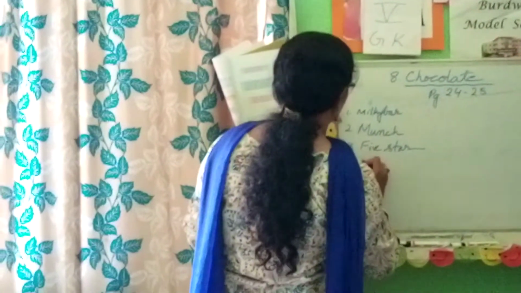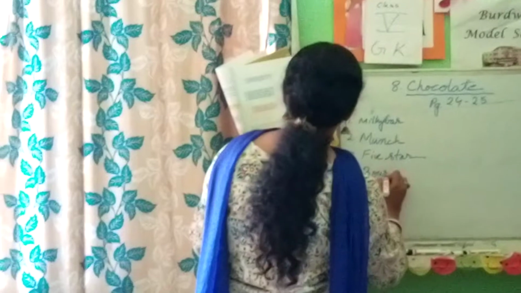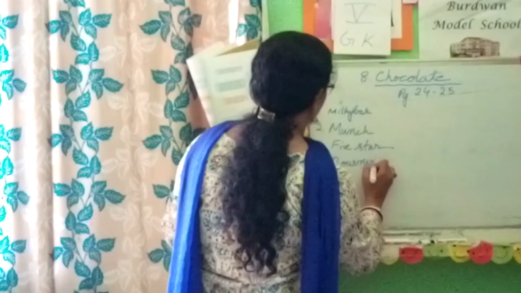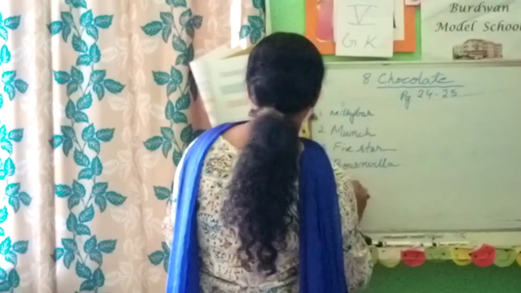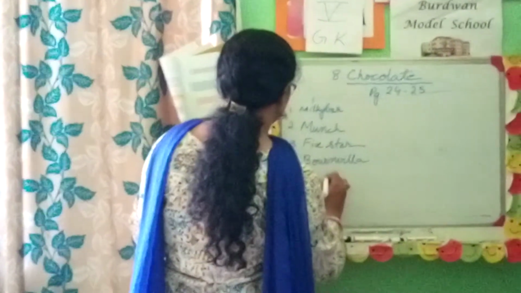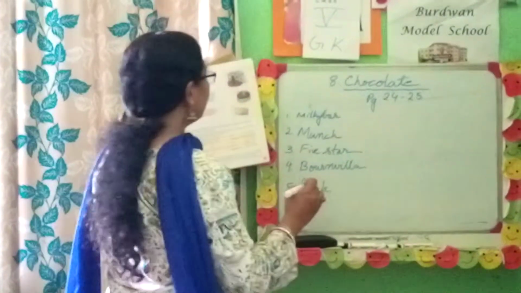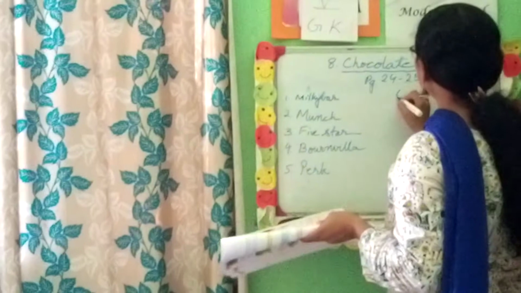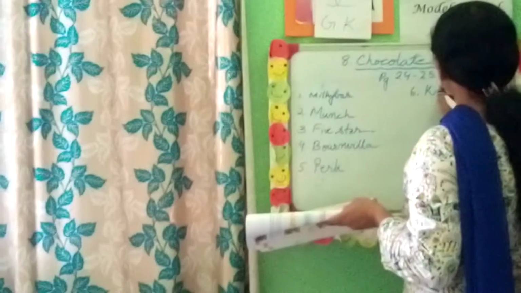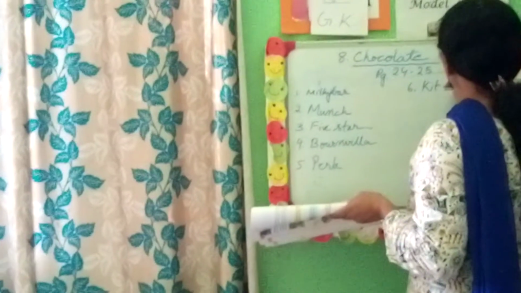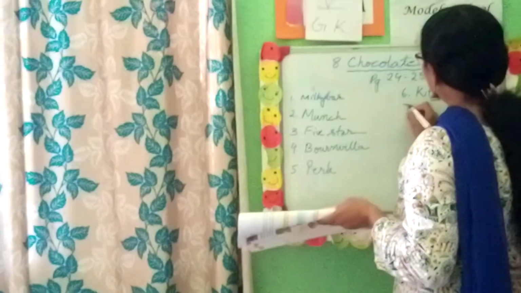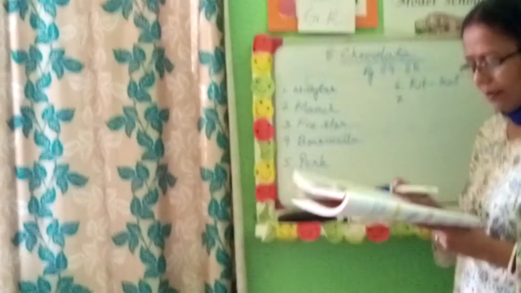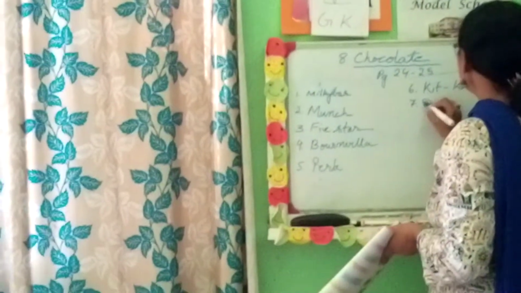Number 6 is Kit Kat. Number 7 is Dairy Milk.